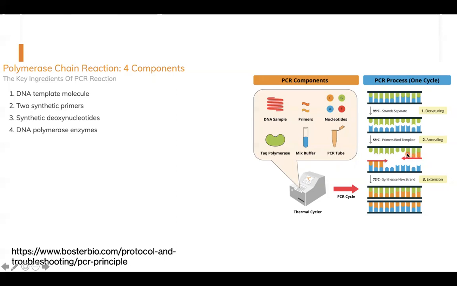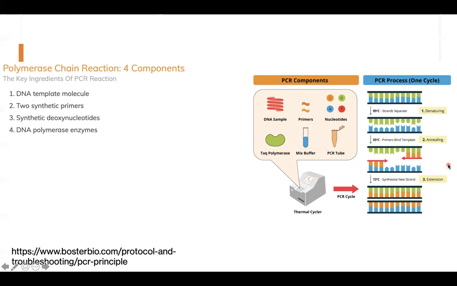And pag dumikit yung primer natin dito, ibig sabihin may hydrogen bond between the primer tsaka yung maliit na part ng ating target gene or target sequence. Okay? And then after that, yung extension, we try to increase again the temperature for our Taq polymerase or DNA polymerase enzyme to act dito sa end ng ating primer, to add more DNA nucleotides.